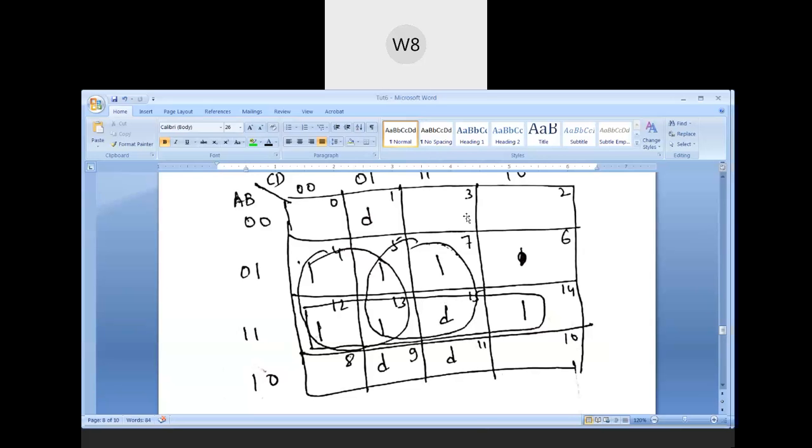For example, in this given problem, we see that the D in the 15th cell, that means for min term 15, D can be assumed 1, and that will help us make two bigger groups, each containing 4 cells. While min term 1, min term 9, and min term 11 are not of much use, so they can be left as they are. That means they can be treated as 0.